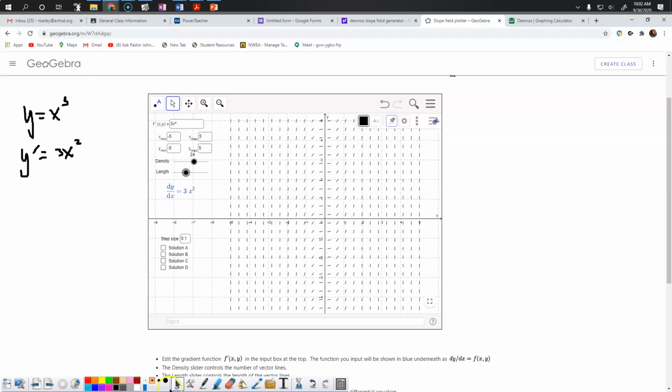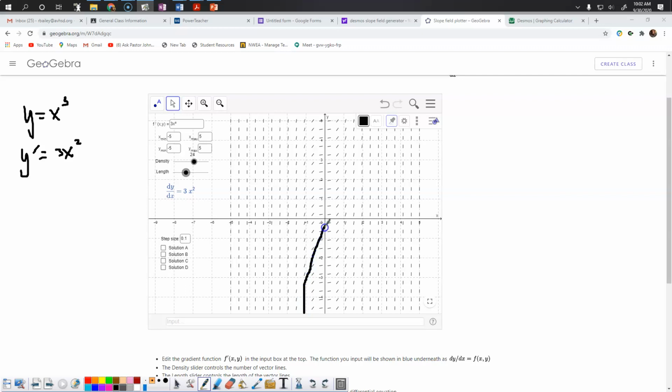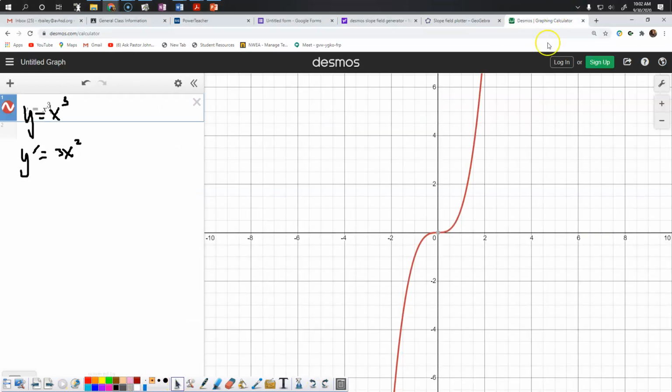And so you can imagine that if you were to start right here, and you followed the current, you're going to go up, and then you're going to follow that current. You're just going to keep bending up like that. Now what's interesting about that is that matches the picture for the original function that we had earlier.